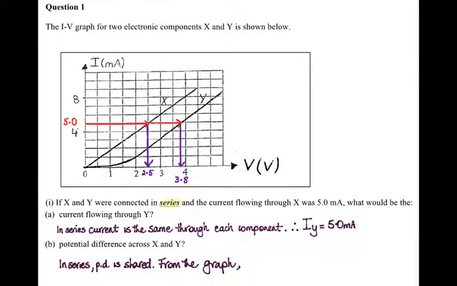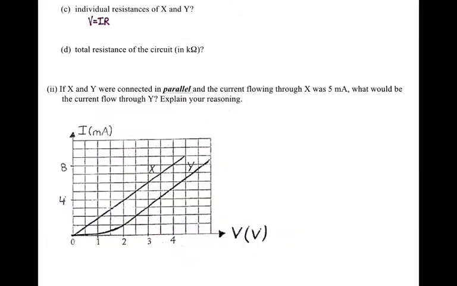There we go. So far, so good. We can use the graph to tell us the current through each component and the voltage across each component. We don't need a circuit. We just use the graph. So far, so good.